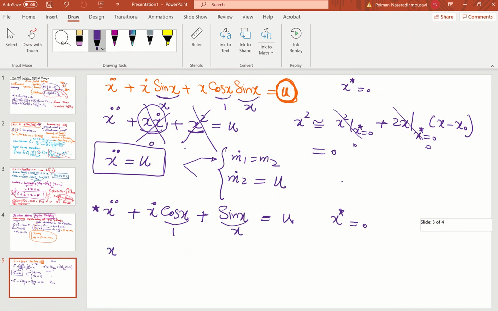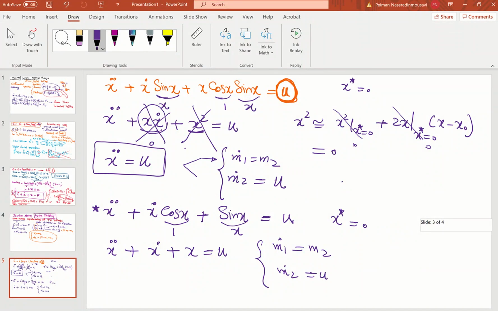So you have x double dot plus x dot plus x is equal to U. So the state space equation is m double dot 1 is m2 and m double dot 2 is U.